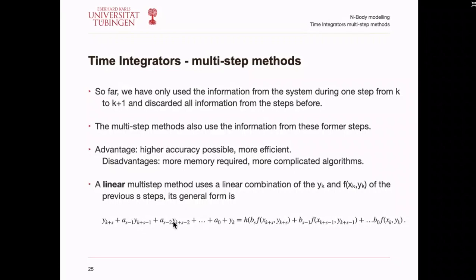This is the left-hand side of your equation, and the right-hand side is again a function, which depends on the evaluation of the slope function f at all previous s steps.